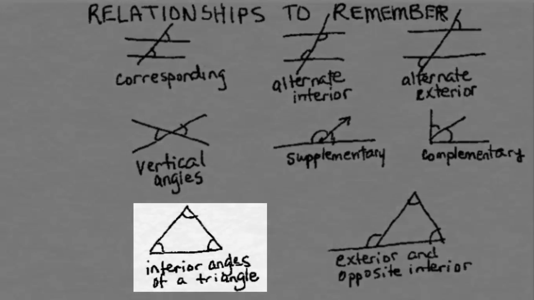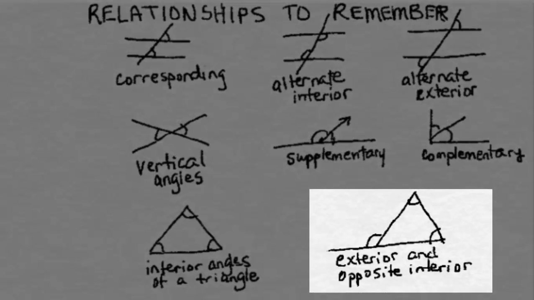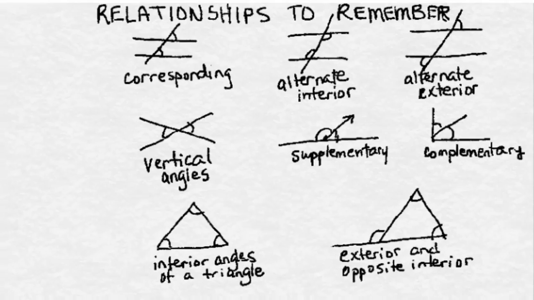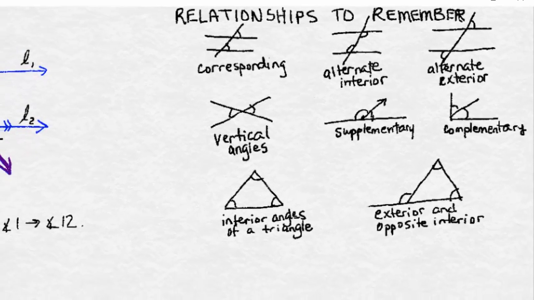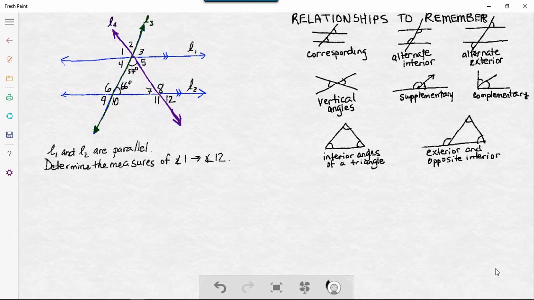If you add up all the angles on the interior of a triangle, they will always sum to 180 degrees. And if you have a triangle and one of the sides is extended outward, this exterior angle will always add up to the sum of the two opposite interior angles. We'll find in this exercise that these relationships are more than enough to help us identify the measures of all 12 of the missing angles.